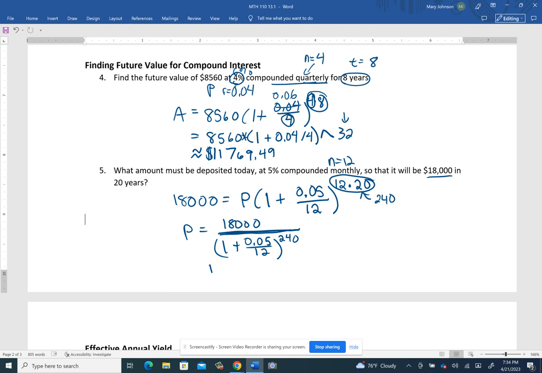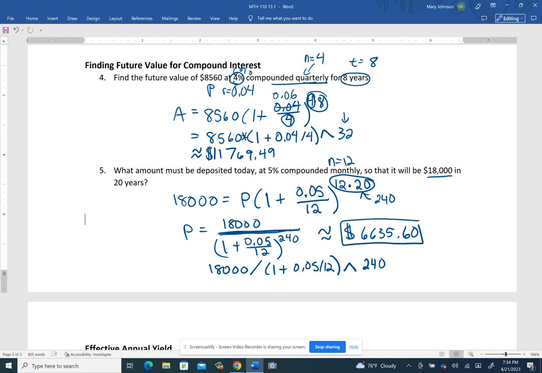I normally do type it in like this: 18,000 divided by 1 plus 0.05 divided by 12, close the parenthesis, raised to the 240th power. And then I get the answer, and it turns out to be about $6,635.60. That would be my answer there, rounded to the nearest hundredth.